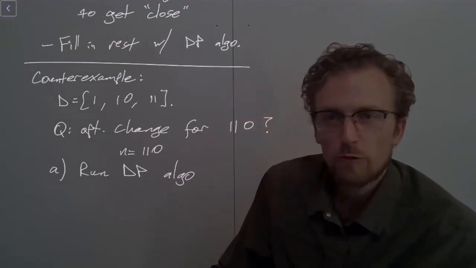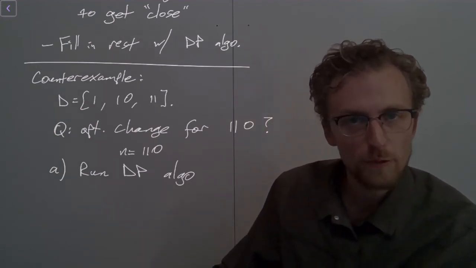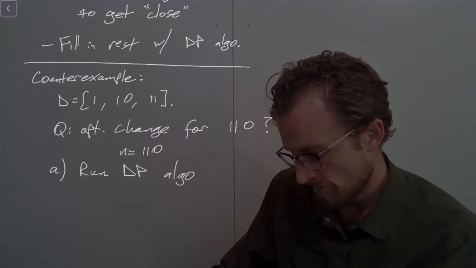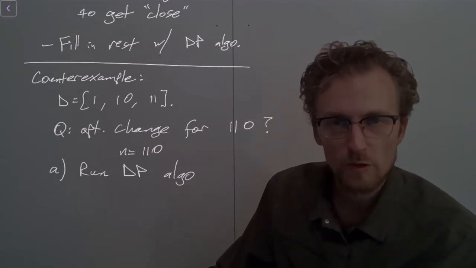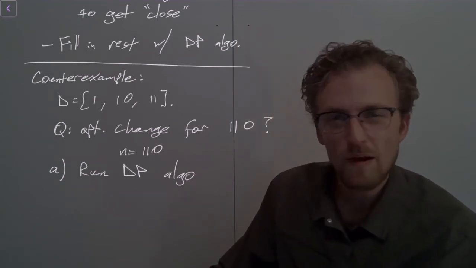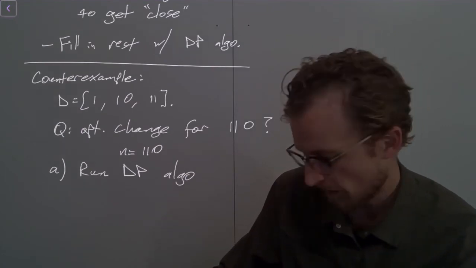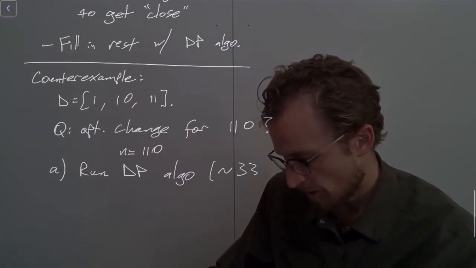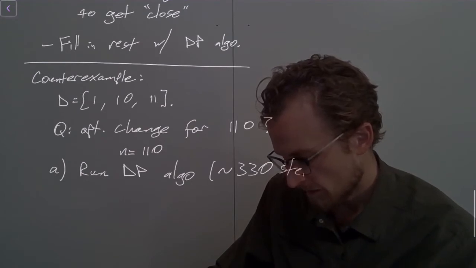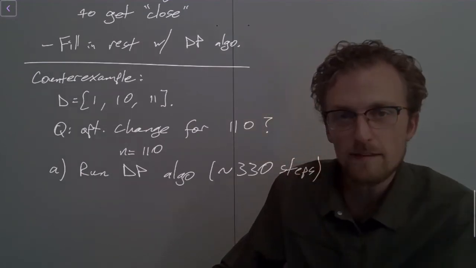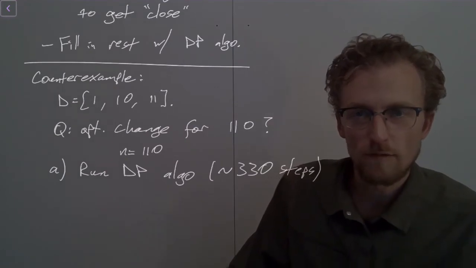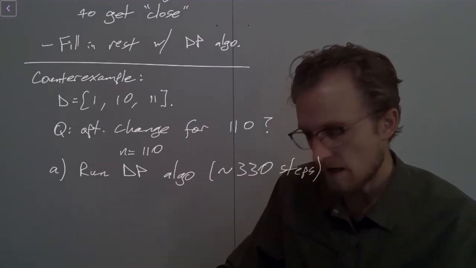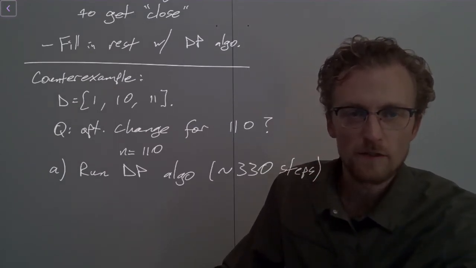Well, it'll take about 330 steps. I've got 3 denominations. I'm making optimal change for 110, so I multiply m by n, and that's about the number of steps. So that's about 330 steps. All right, so it's not fast. It's not like the slowest thing you've ever heard of, but it's not really fast. And it gives me the answer.